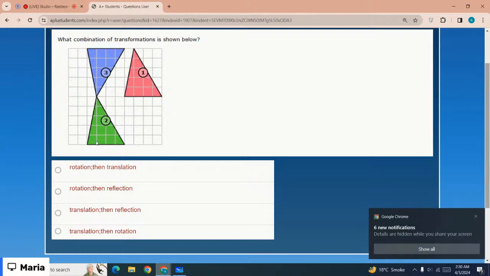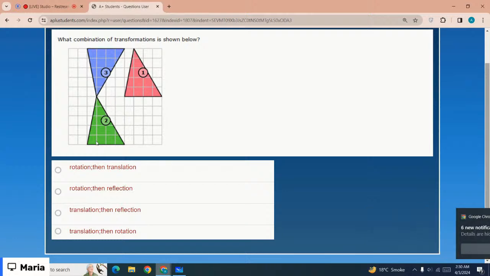Then from 2 to 3, 3 is the mirror image of 2. That means that is a translation and then reflection. The correct option is, very good, translation and then reflection.